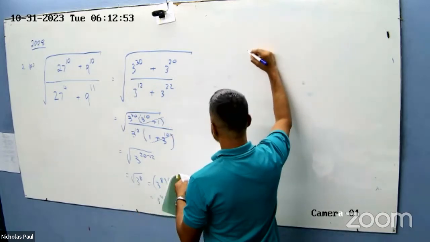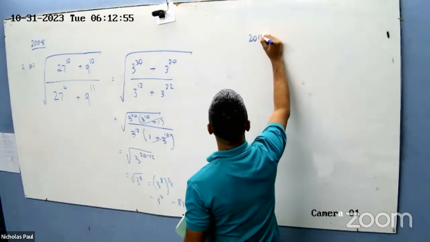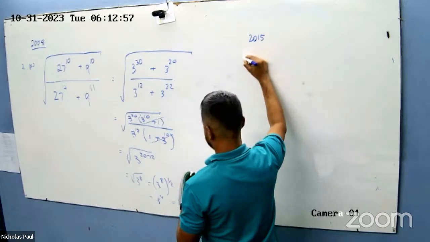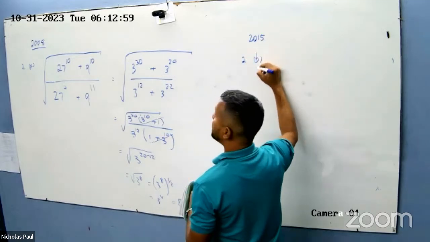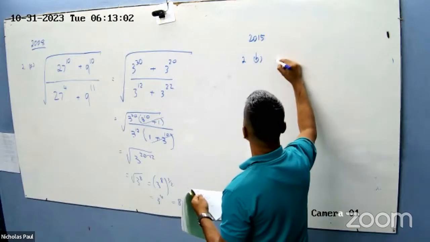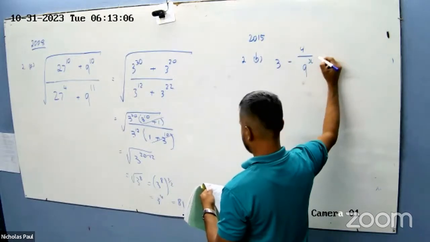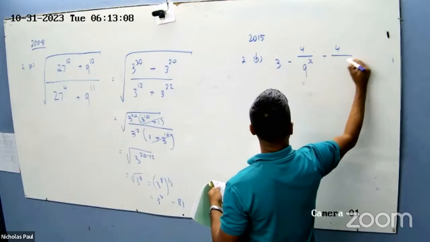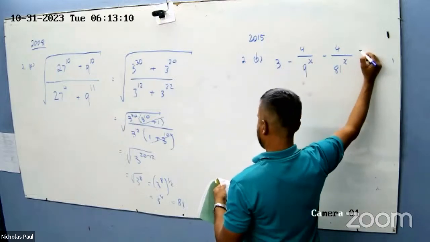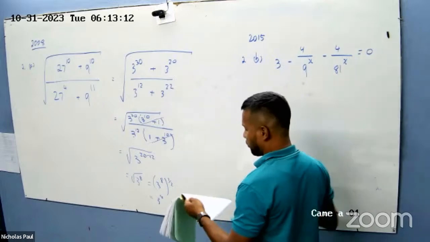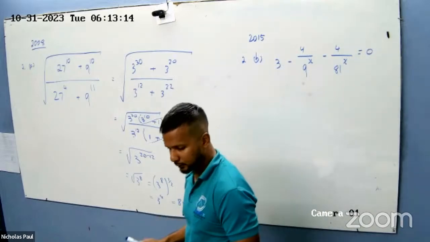On the board for this one, 2015, number 2B. By just watching it, it looks like a what? This guy.